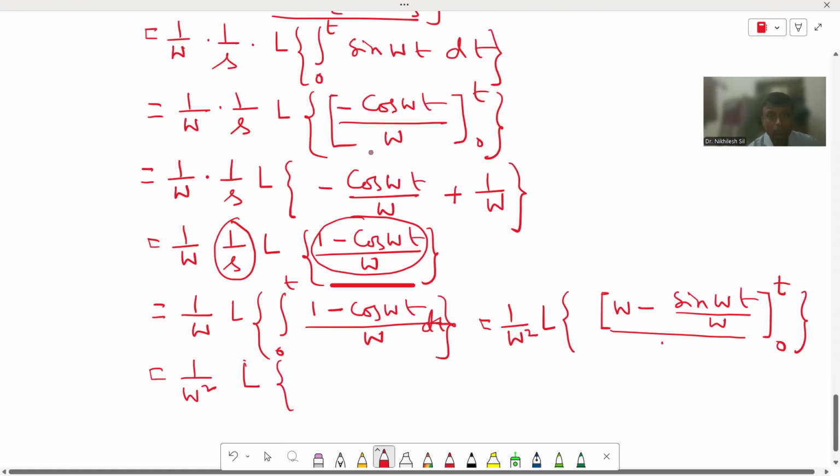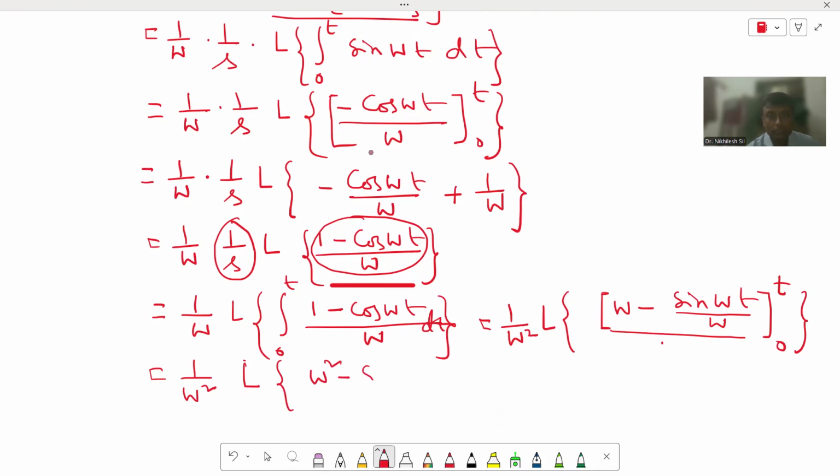If we are putting t, the function will remain the same. 1 by omega square, Laplace of omega square minus sine omega t divided by omega. If we are putting 0 minus, we are getting omega minus t becomes 0, sine 0 equal to 0, it becomes 0. Okay.